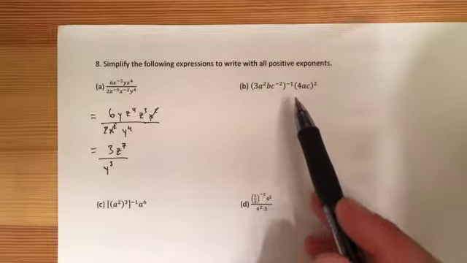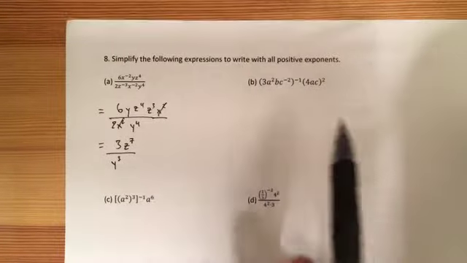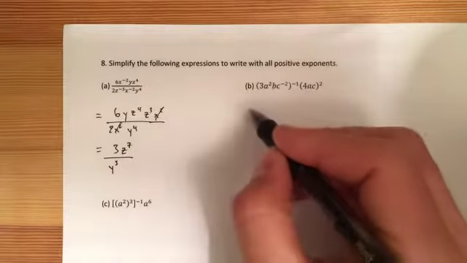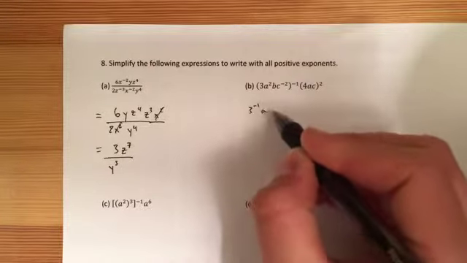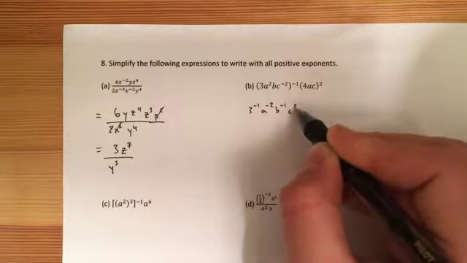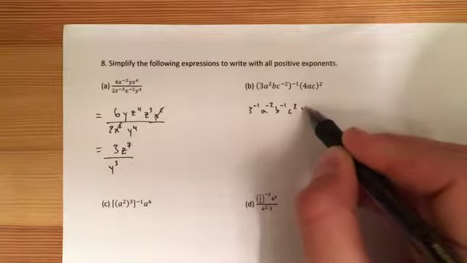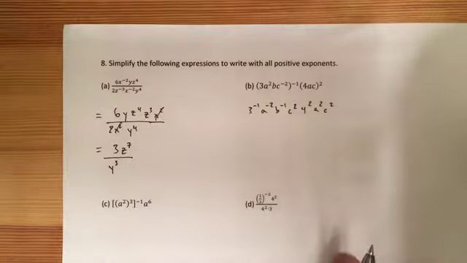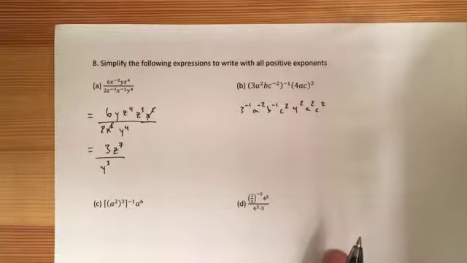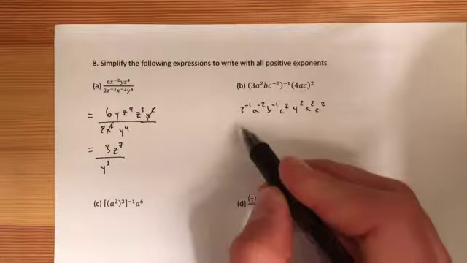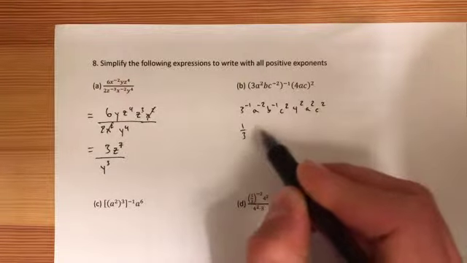Okay, here one choice would be to distribute everything. So if I distribute this exponent, in a sense, it applies to everything. So I get 3 to the negative 1, a to the negative 2, b to the negative 1, c squared. Then I should have 4 squared, a squared, c squared. So I'm just making sure to use that property there. Now 3 to the negative 1 is the same as 1 divided by 3, so that's 1/3.